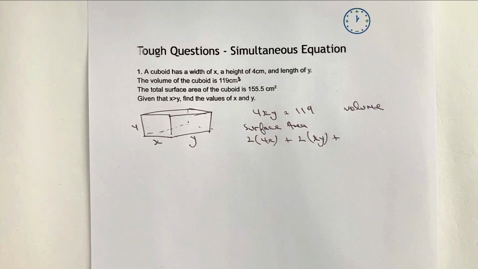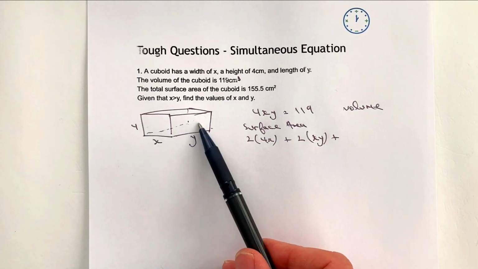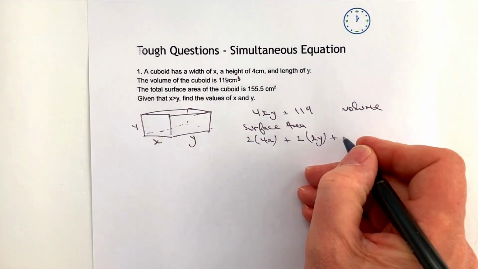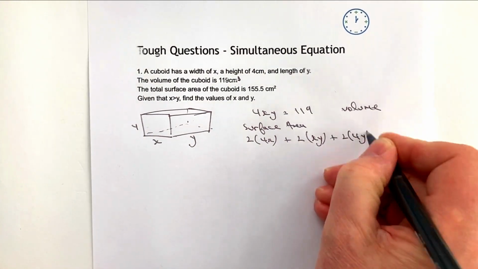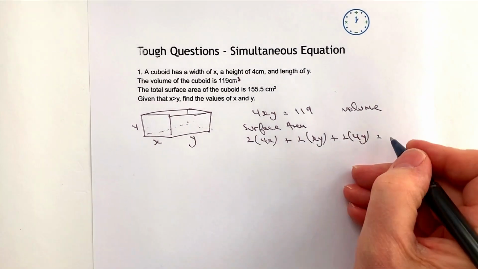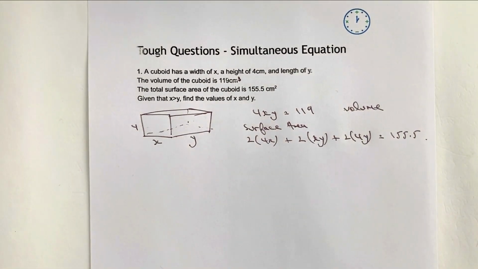And then we've also got the front and the back, and the front here is going to be 4y and the back is also going to be 4y, so that's going to give you 2 times 4y, and all of that added together, we're told in the question, will equal 155.5.